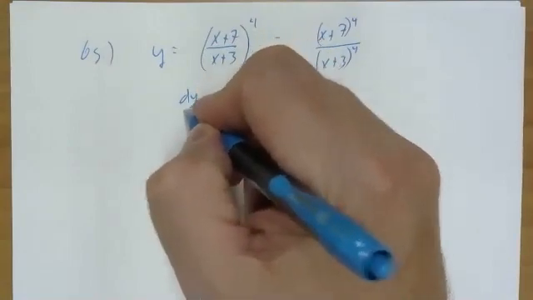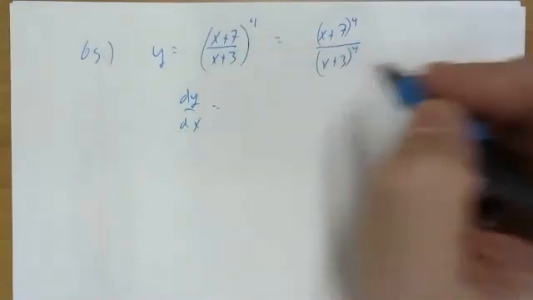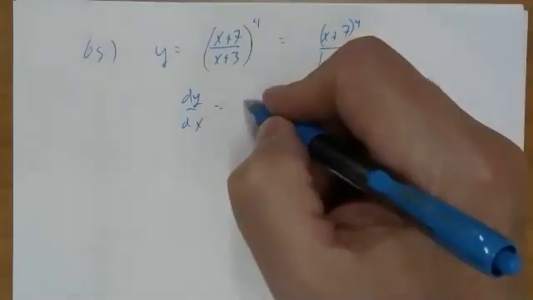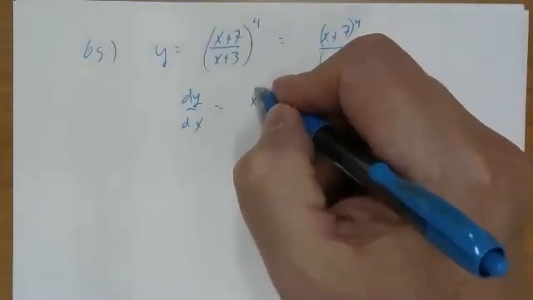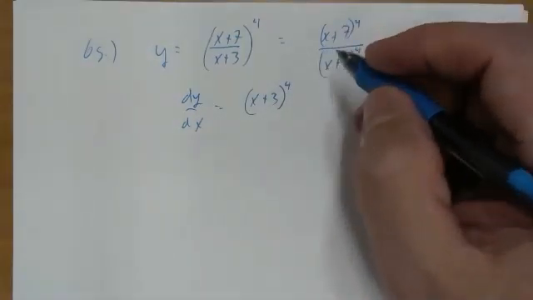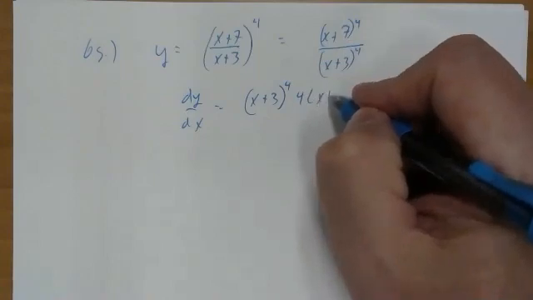And I'll use the quotient rule. I'm probably gonna have to also use the chain rule. So low d high, derivative of this top is going to be the chain rule.